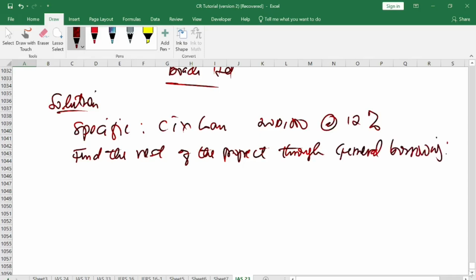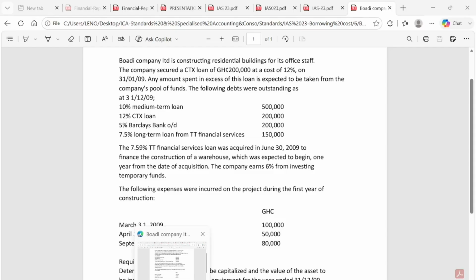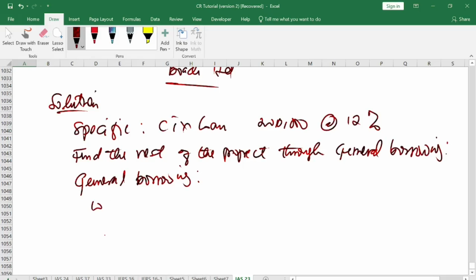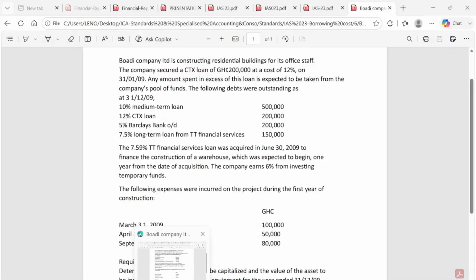Now, the general borrowing that they have outstanding: they have a 10% medium term loan, which is 500,000.